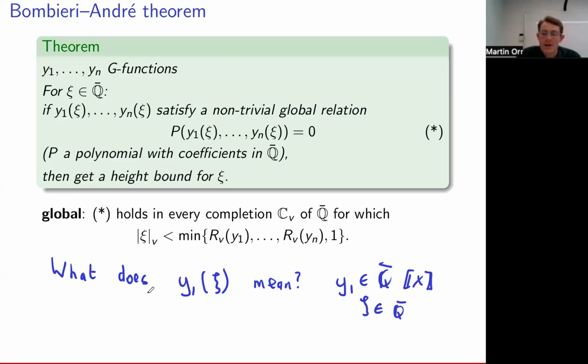So evaluating a power series is an analytic process, not an algebraic one. You have to sum some infinite series. So that means you want to do it in a complete field and not just in Q bar. Indeed, you expect that you quite likely get transcendental numbers out. So in principle, you might attempt to do this in any completion of Q bar.